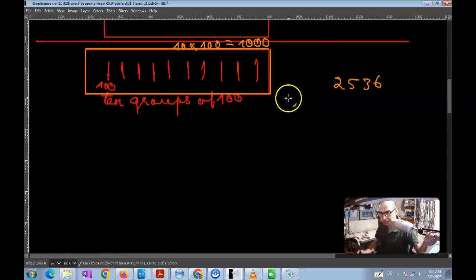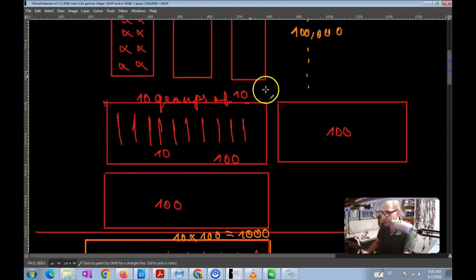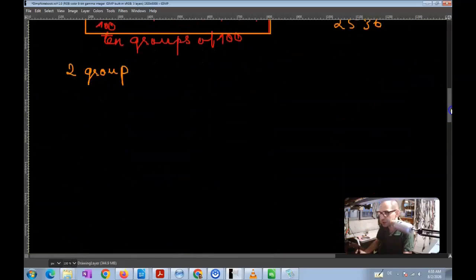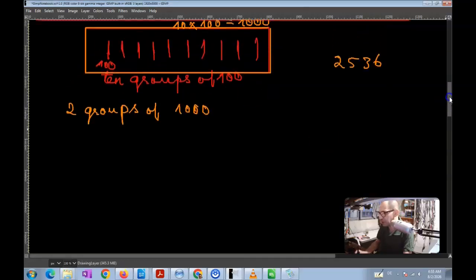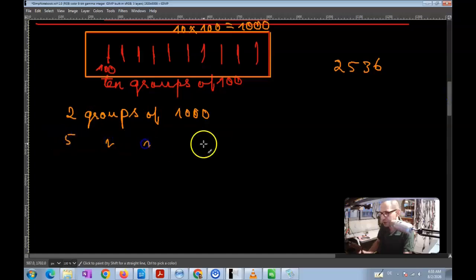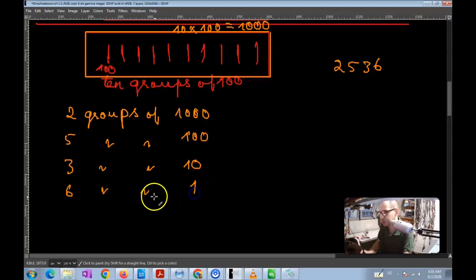Suppose that when I'm done with this grouping and counting, I count and I see that I have two groups of thousands, which I'm going to write in number, two groups of thousands and five groups of hundreds, and three groups of 10 and six groups of 1, for example, right?